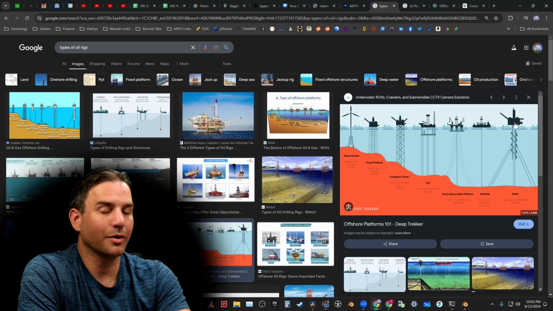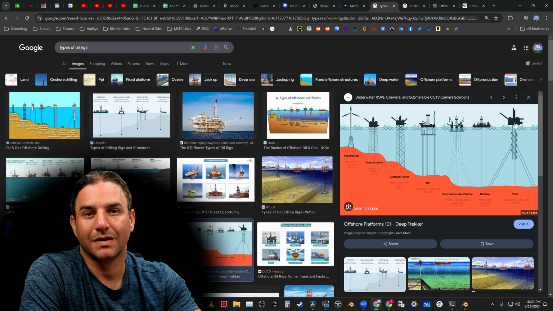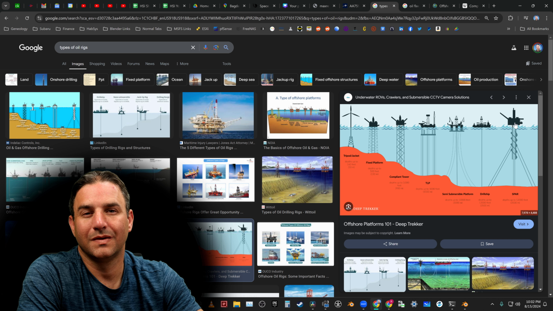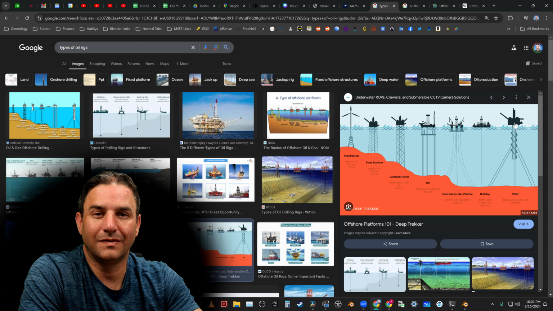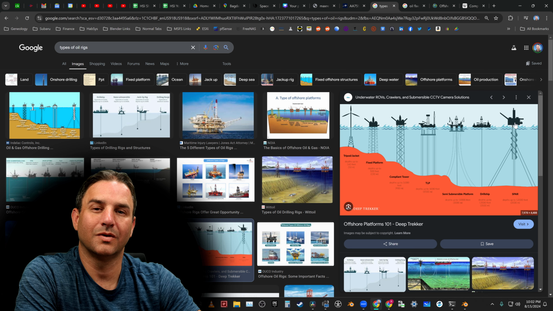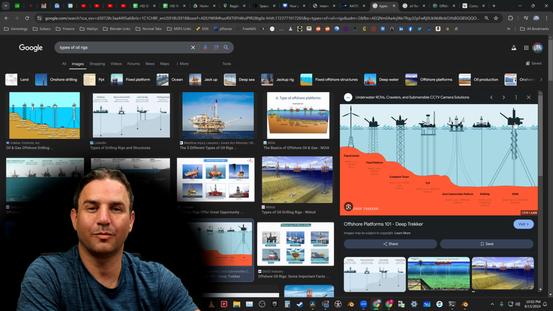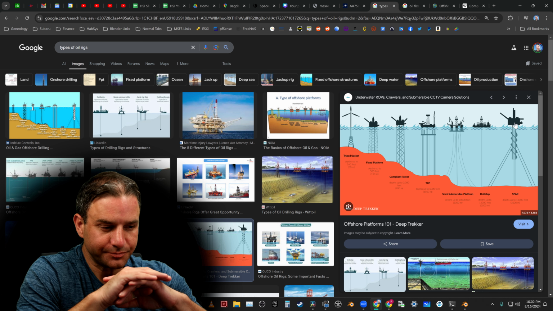So these spar towers, the spar itself underneath the surface is very far down. And typically, you cannot send divers down to maintain these structures. They're just too far down, and the bone crushing pressure will make it impossible.